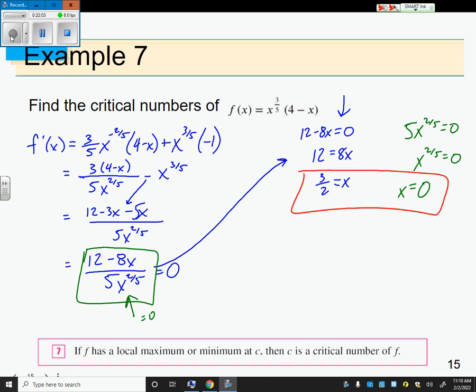So why do I need critical numbers? The critical numbers are going to help me with something called the closed interval method. If f is going to have a local max or local min, then it's going to happen at a critical number. Notice I didn't say that if it's a critical number, it's going to be a local max or local min. I'm saying if it's a local max or local min, it's going to come from one of these critical numbers.